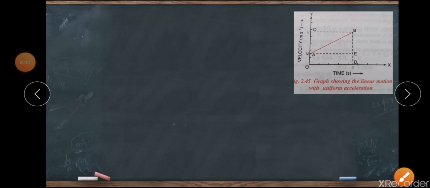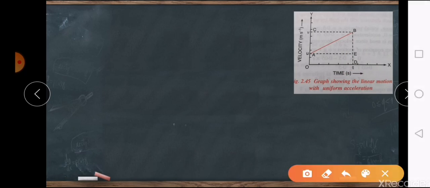Now let's begin. Now to find out the second equation, as we told, we are going to consider the area under the graph, and for the second equation we are going to use the direct equation of a trapezium that you are learning in your maths. Area of a trapezium is given by half into base into sum of two parallel sides of a trapezium, right?